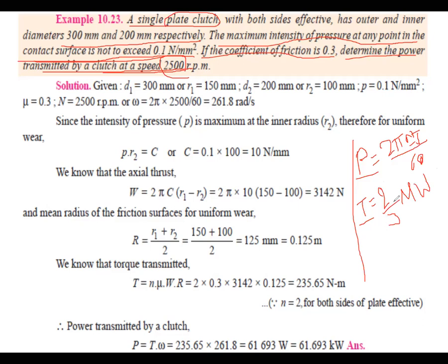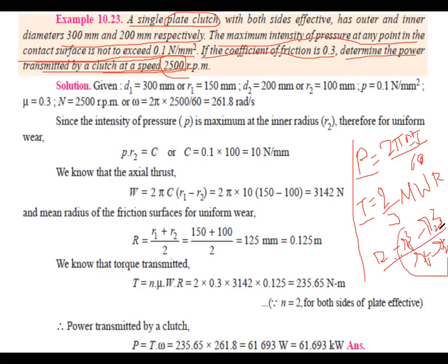Remember, T is equal to 2 by 3 into mu into W into R, where R is equal to (R1 cube minus R2 cube) by (R1 square minus R2 square). Right.